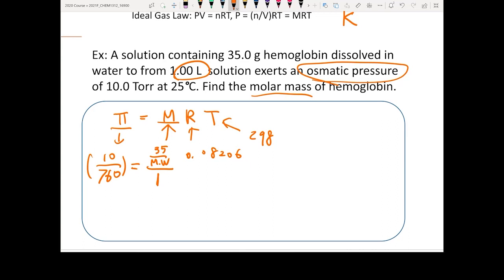Can you solve this equation and get your molecular weight? I hope the answer will be yes. It's very easy to solve this type of question. The key is that you need to see the keyword, which is osmotic pressure. Once you know that, you need to know the equation to use, the proper terms to use, and the units. Once you know these, just plug it in, and then you can solve for the molecular weight.